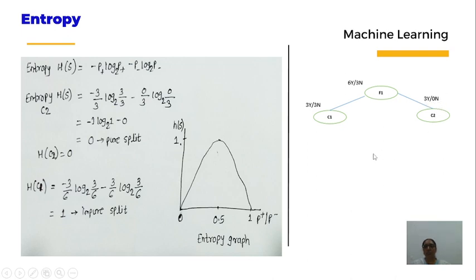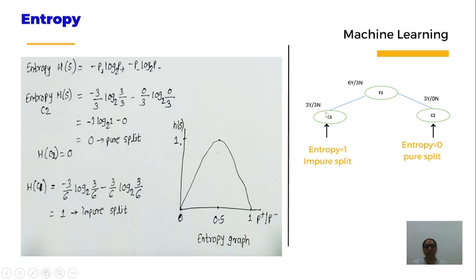As we have already seen in the previous lecture, if we get either all positive or all negative, then we say it is a pure split. Here you can see that C2 is the pure split because we get all positive values, and if we calculate the entropy of this pure split, we get the value 0. And at C1 we have 50-50% positive and negative, so here we get an entropy value of 1 because it is an impure split.